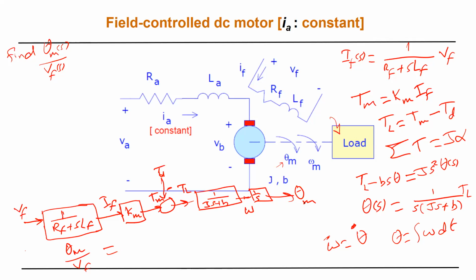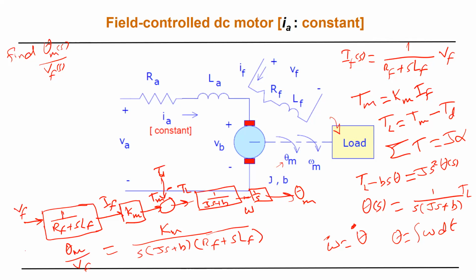Then my transfer function is going to be Km over S(JS plus B) times (Rf plus S Lf). And this is the transfer function.